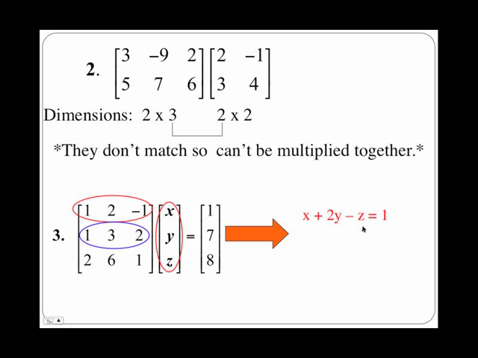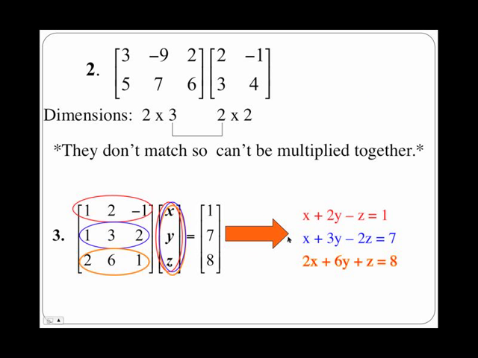We're going to move down to the second row and multiply it to the column, and we'll get x plus 3y plus or minus 2z. It looks like I'm missing another minus sign. It should be minus 2. And then finally my third row times the column, 2x plus 6y plus z. And those are going to equal the 1, the 7, and the 8 on the other side.